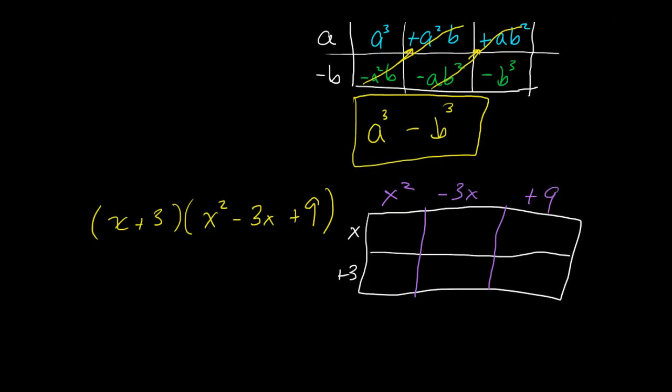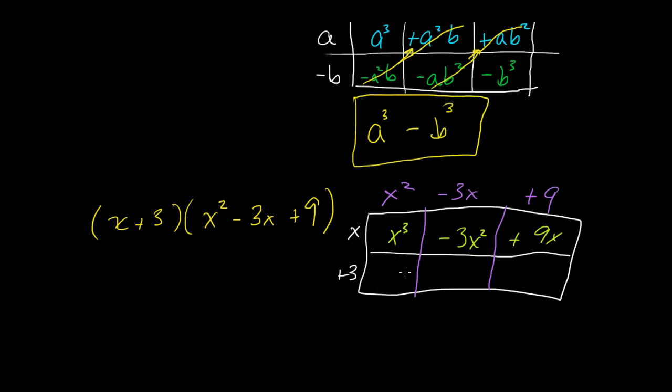All right, let's see what happens. X times x squared is x cubed. X times a negative 3x is a negative 3x squared. X times a positive 9 is a positive 9x.